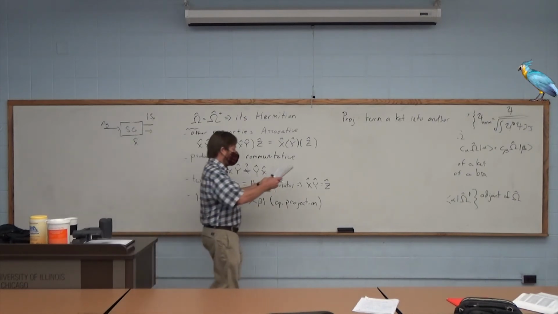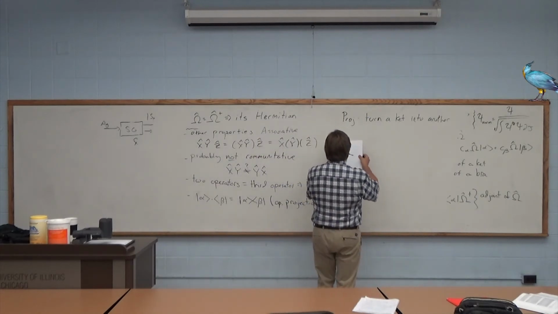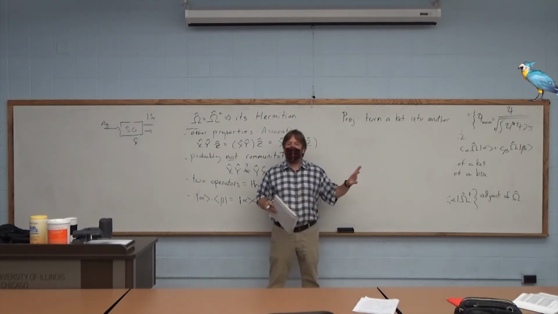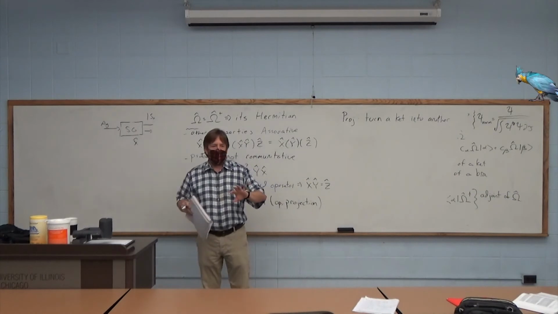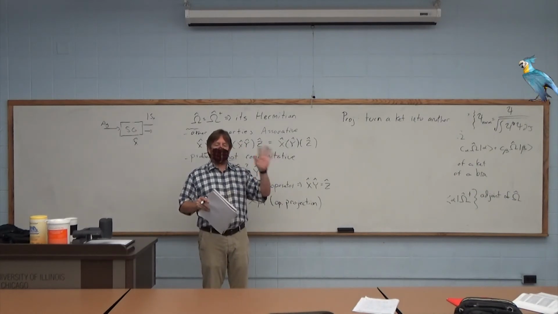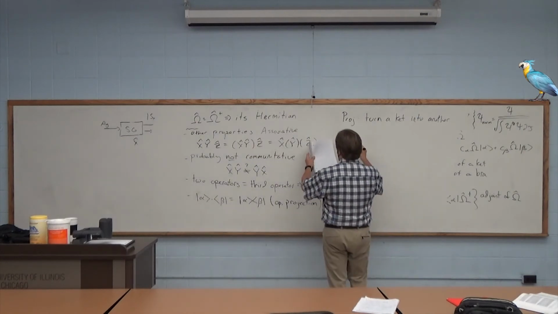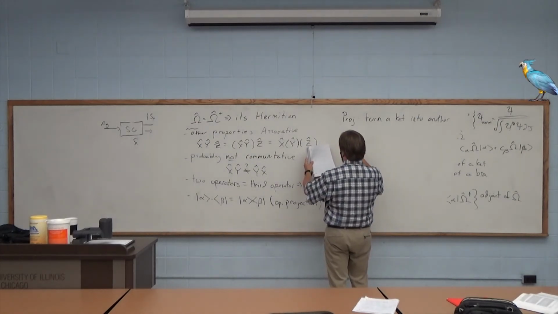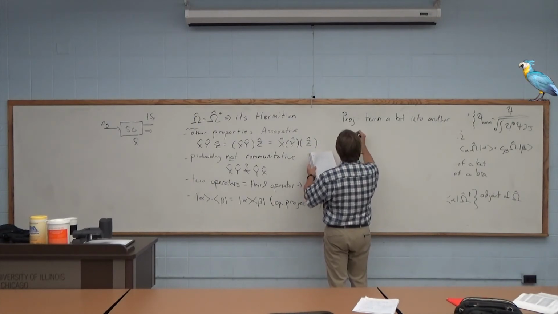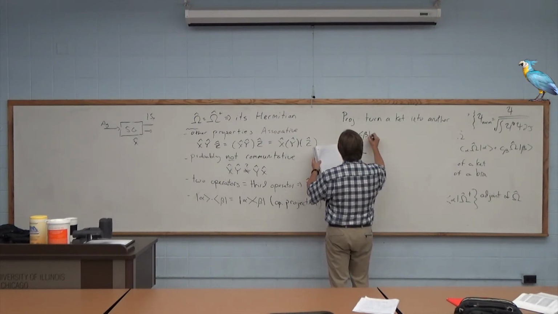They're very, very useful. And if you did this without bra-ket notation, it's hideous. Mathematically, it's mind-blowing. You do this with bra-ket notation, it's just this. Where am I at? Okay, so let's do our projection operator.